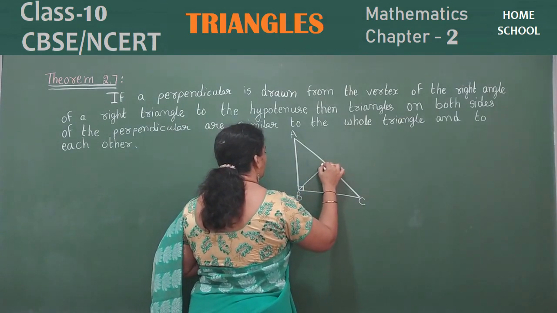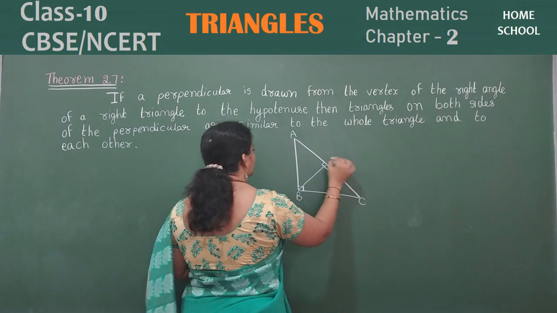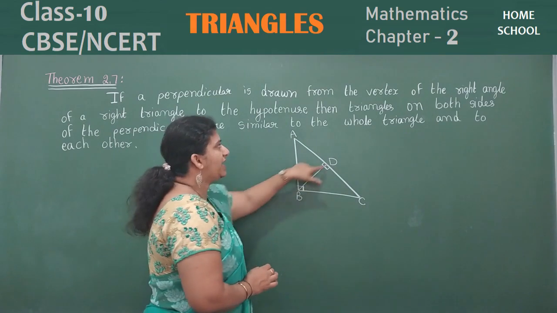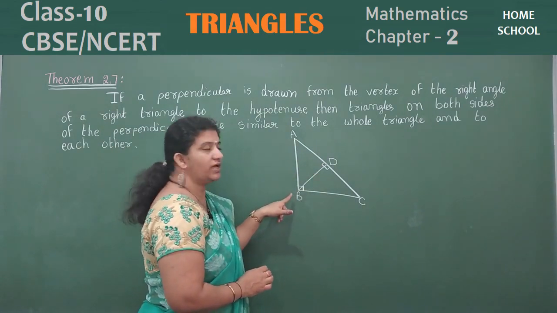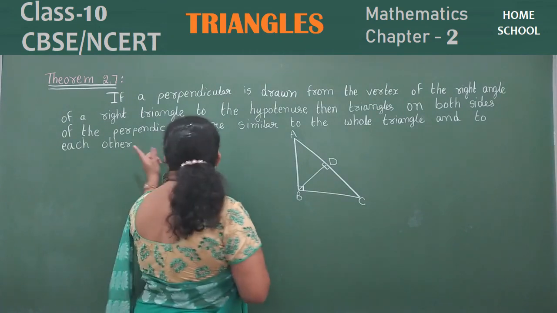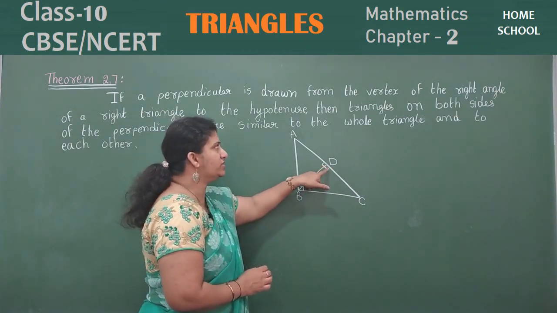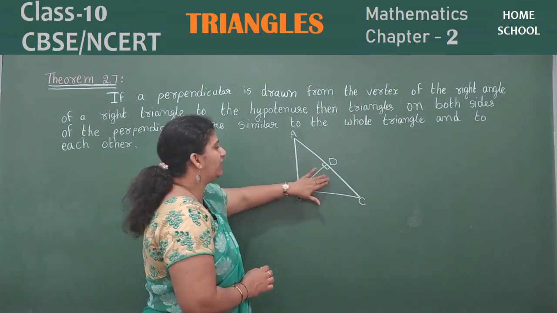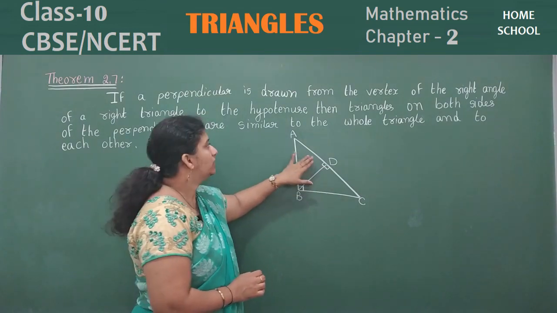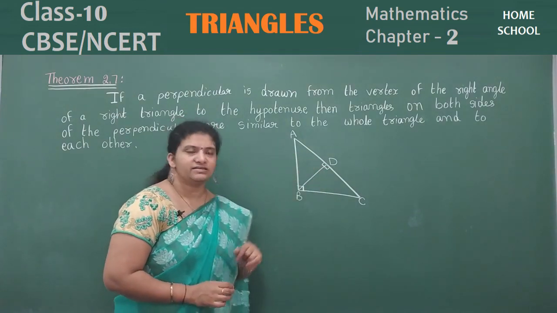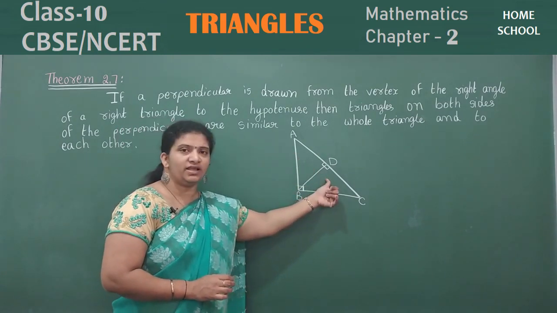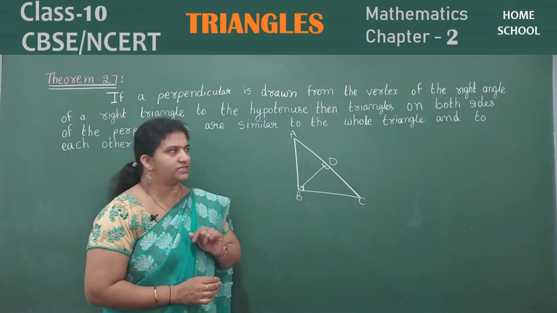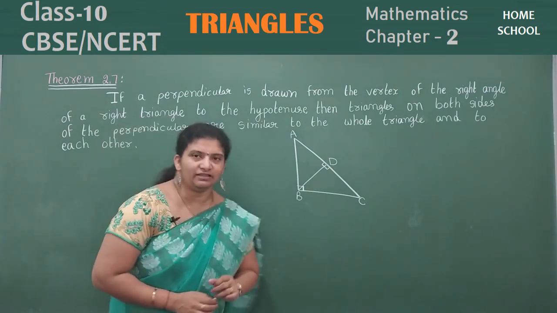Let me draw a perpendicular and mark this D. If a perpendicular is drawn from the vertex of the right angle of a right triangle to the hypotenuse, then triangles on both sides of the perpendicular are similar to the whole triangle. See here, these two triangles are similar to the whole triangle, all the three triangles are similar, is the concept, and to each other.